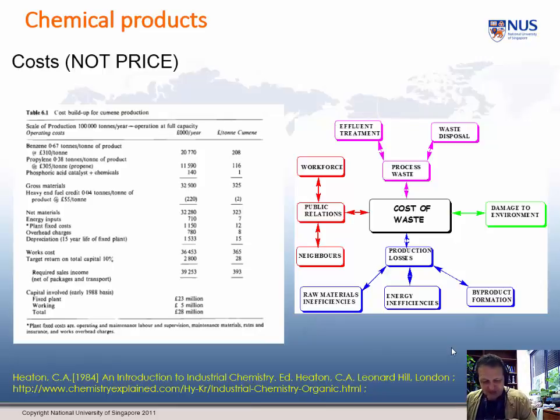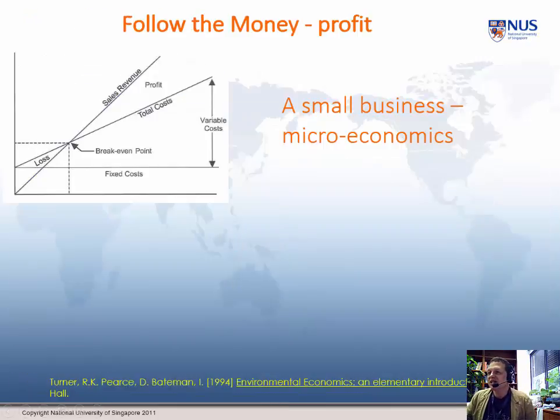Okay, so this is where we dip our toes slightly into a small business, and we're going to look at some microeconomics. Economics splits into macroeconomics, which is big picture stuff, and microeconomics. In this module, we need to do a little bit of microeconomics, and this is a company.